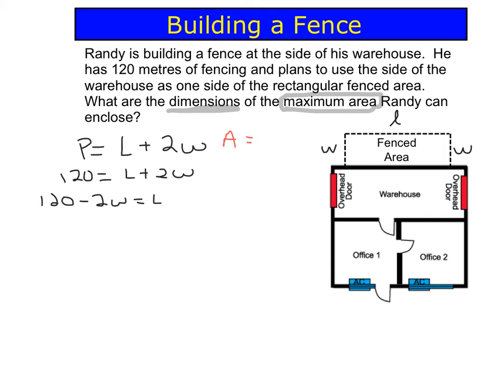And I know the area of a rectangle is just length times width. So if we sub in our length and width, the width is W, and the length is just 120 minus 2W.